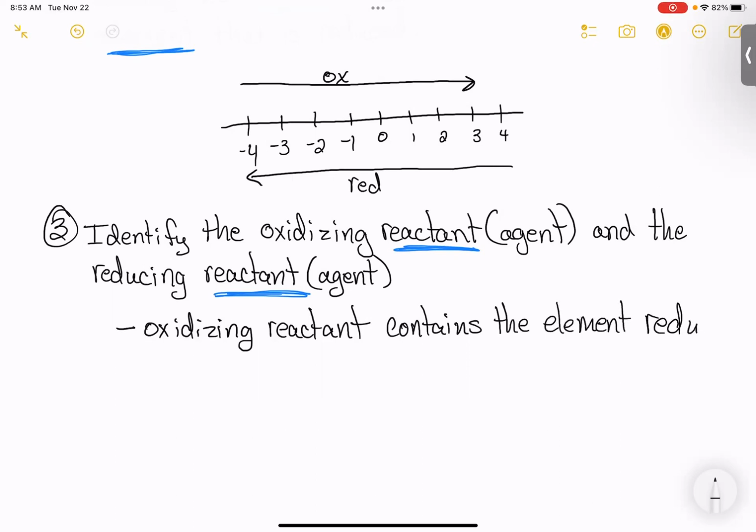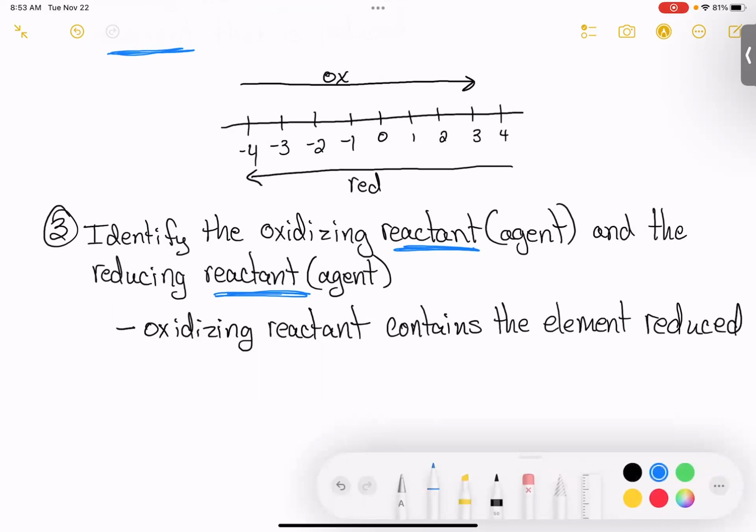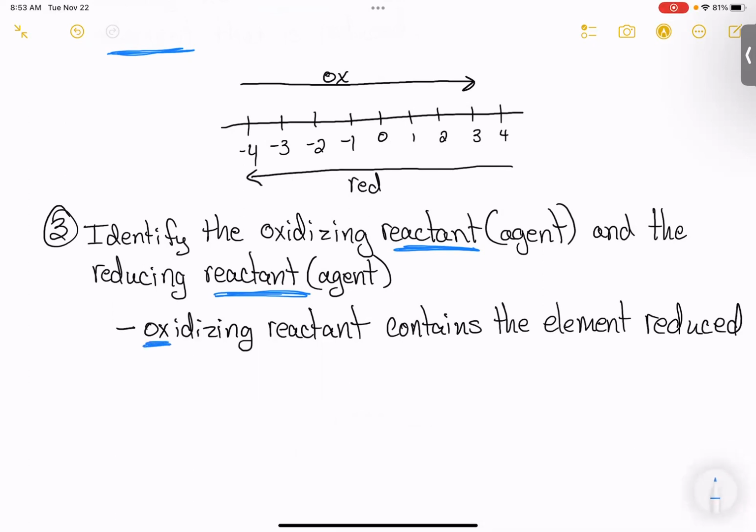You will recall when I started this section, I said you can't have oxidation without reduction. And then, of course, the reducing reactant contains the element oxidized.